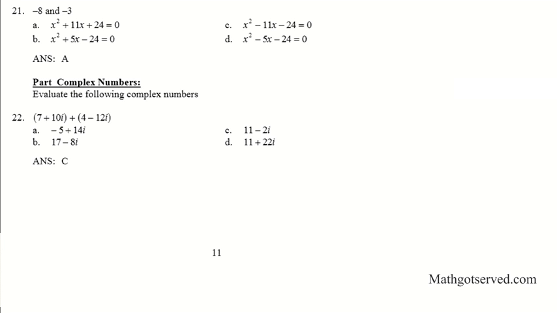Alright, so in 21, we are supposed to generate a quadratic equation that has the solutions negative 8 and 3. So basically, I know that x is going to be equal to negative 8, and x is going to be equal to 3. So I'm going to use the reverse of the zero product property and also distribution to find the original problem that has these roots.